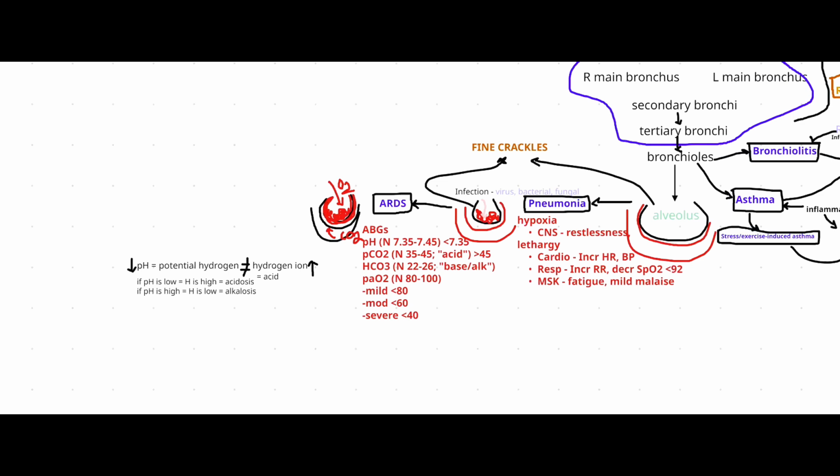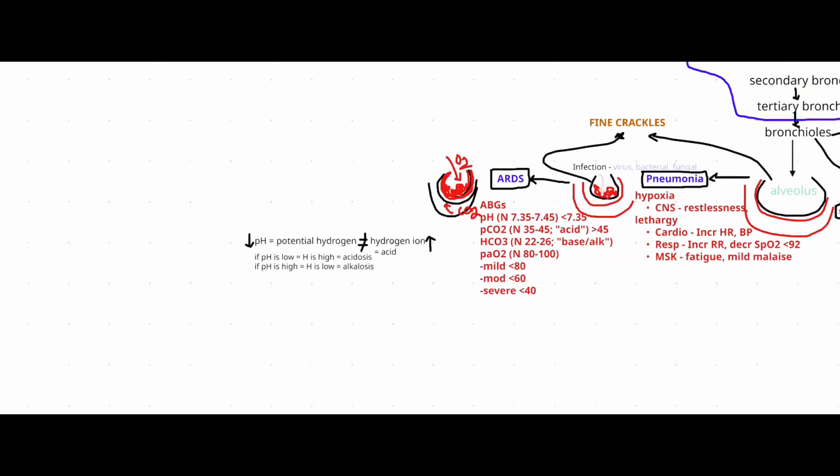When we get to this part where we're at severe hypoxia here, now we're advancing this to the next condition that is even worse than ARDS, which is acute respiratory failure.